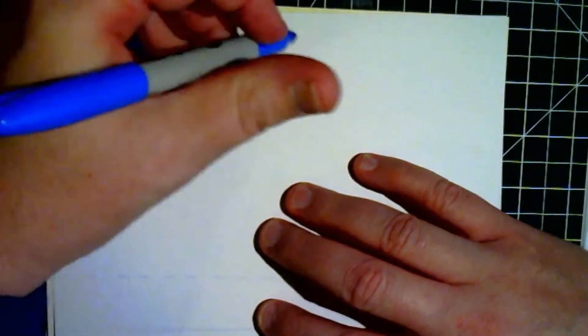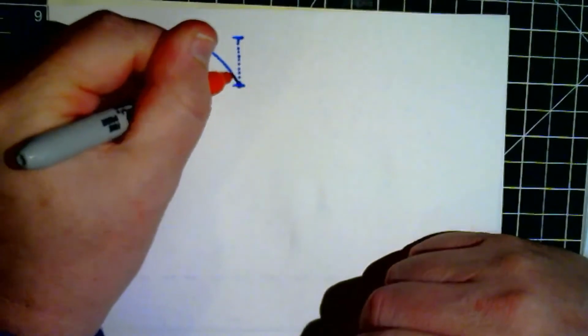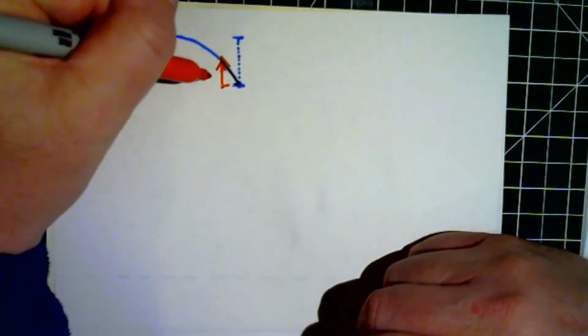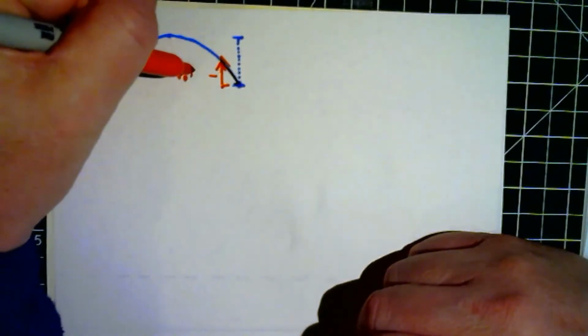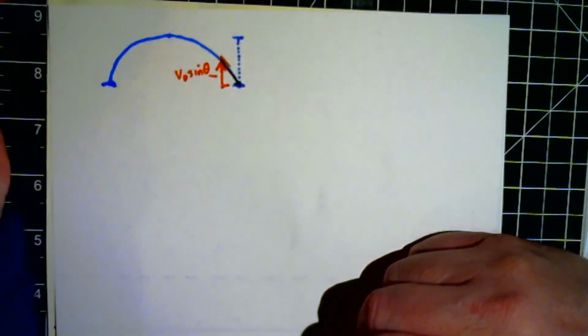And that's easy enough if you use kinematics. If you think about it, this projectile has an initial speed at some kind of an angle, but only the vertical component is what gets it up in the air. So v0 sine theta is the initial component that launches it vertically into the air.